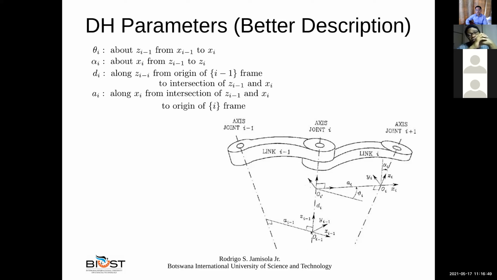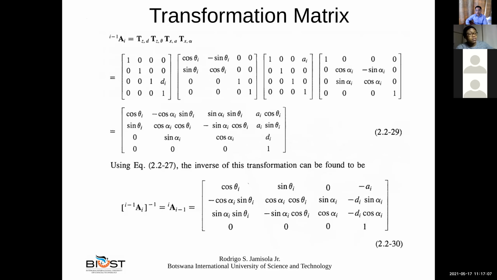We choose to have its origin here, and then frame I with origin here. Okay, so the relationship between frame I minus 1 and frame I can be defined by these four parameters. And how are these four parameters being used? It is being used based on the four basic transformations.